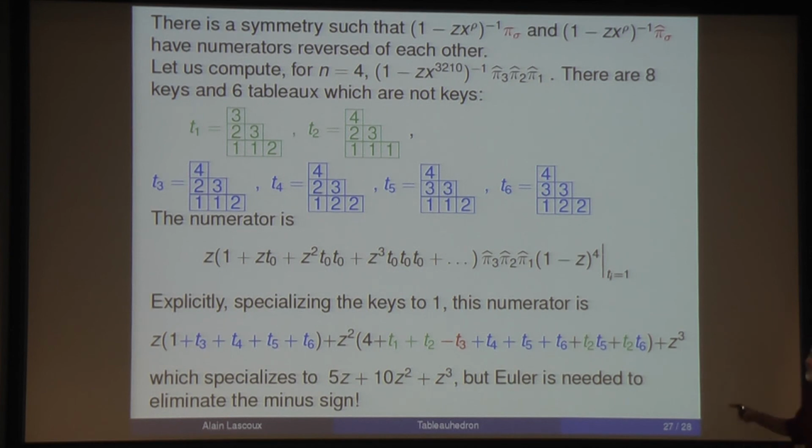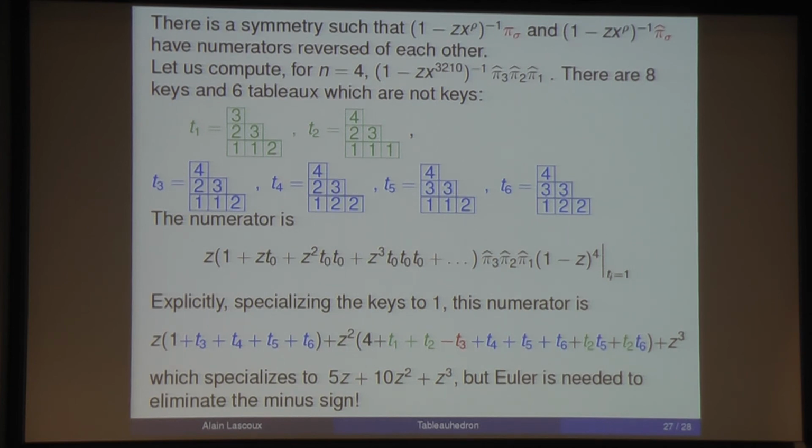There are 8 permutations, 2 times 2 times 2, each given by a simple transposition. And I have 6 extra tableaus, which are the labels of the edges. And now I have chains of any arbitrary length, which use these tableaus with the condition once more that the right key must be less or equal to the left key. So my generating function is now written purely in terms of tableaus.